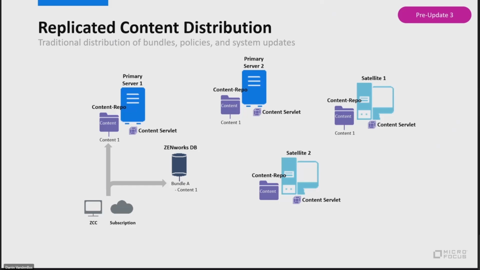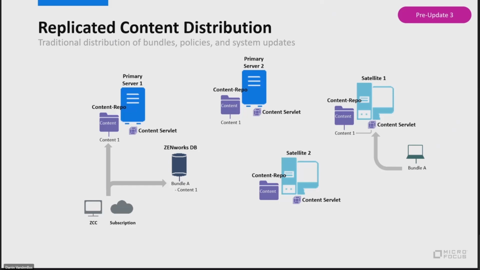So in this example, the content was uploaded to primary server 1, and then it's been replicated out to primary server 2 and satellite 1, but you'll notice it's not on satellite 2. Then when you have a managed device and you assign the bundle to the device, and the device goes to install it, it contacts its content server using its closest content server list.